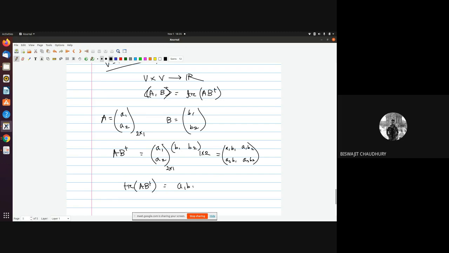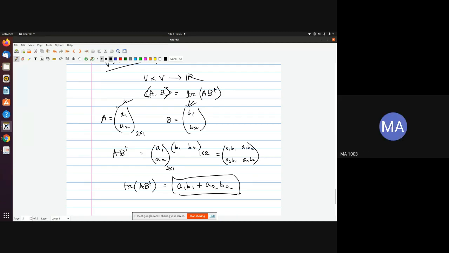Correct. Now the question is, is this an inner product? These are my vectors, and this is what the function gives: A1 B1 plus A2 B2. This is exactly the dot product, right?